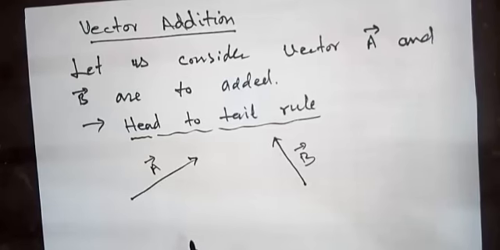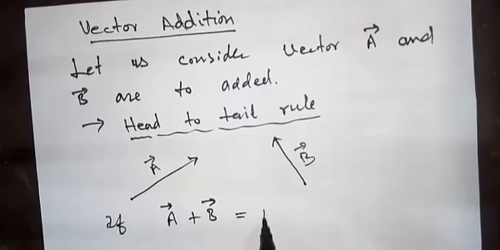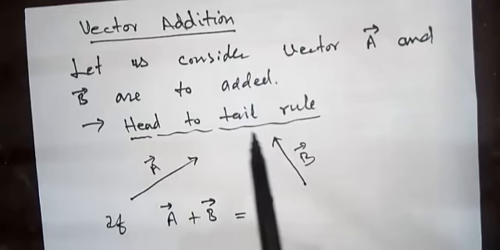When we say head to tail, it means we have to place the given vectors according to their given direction. So if we are asked to add the vectors like A plus B, then if we take this order, the resultant will be R. But how will we place these vectors by head to tail rule?